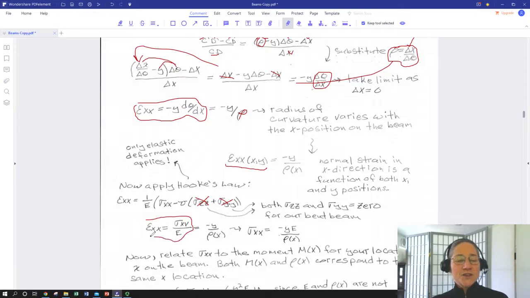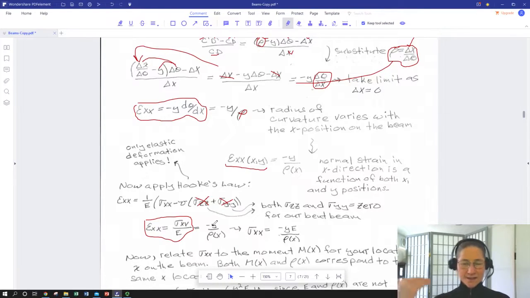The normal strain in the x direction is just the normal stress in the x direction divided by Young's modulus. The normal strain we've just determined is the negative of the distance upward from the neutral axis divided by the radius of curvature at that particular point along the length of the beam.